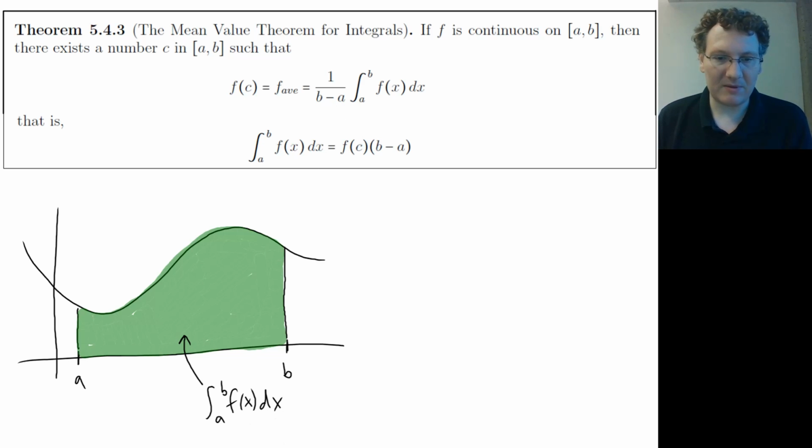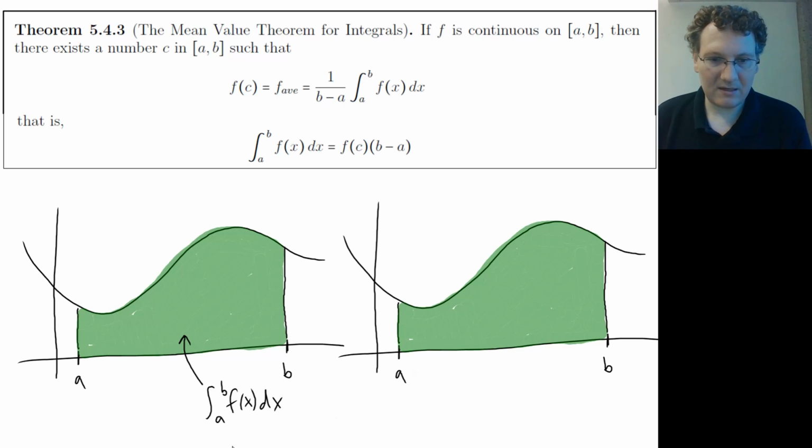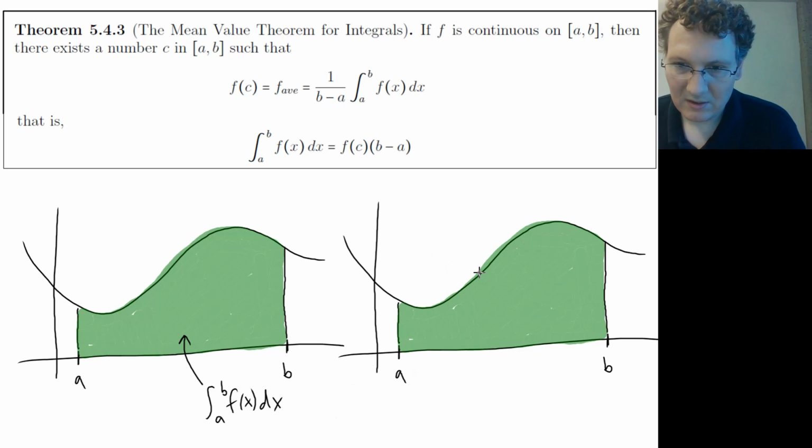So if we were to copy this over, the idea here is that we're able to find some point. I'm going to do a little bit of estimating; this is roughly where C is.